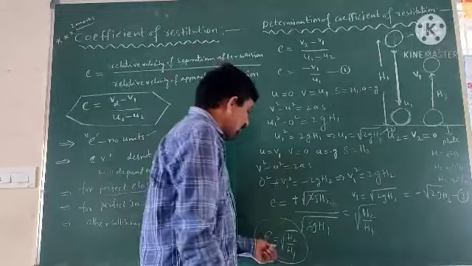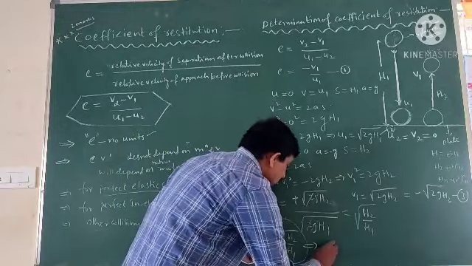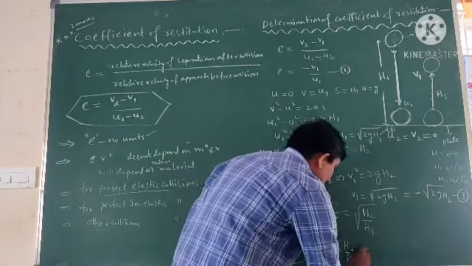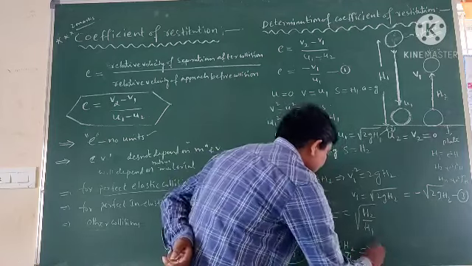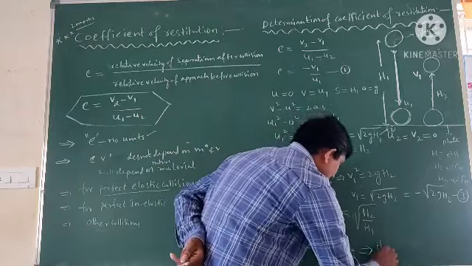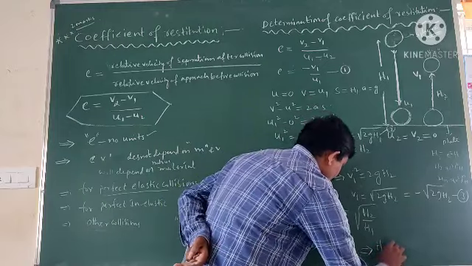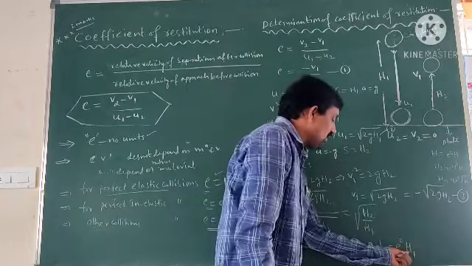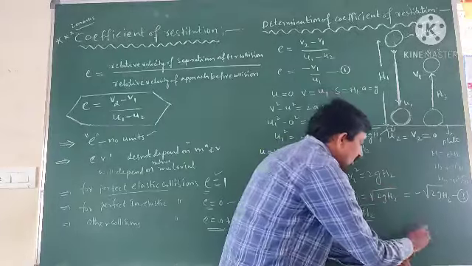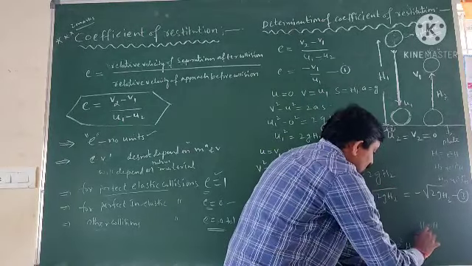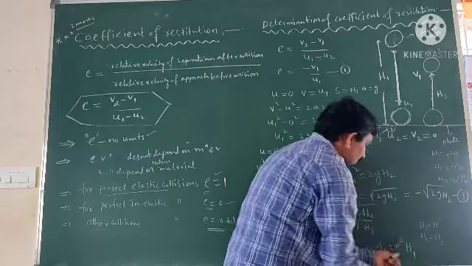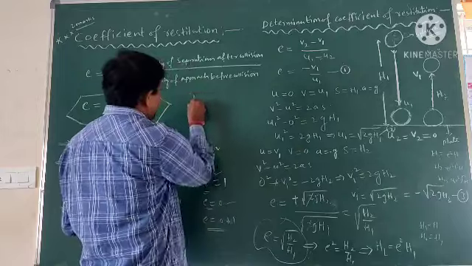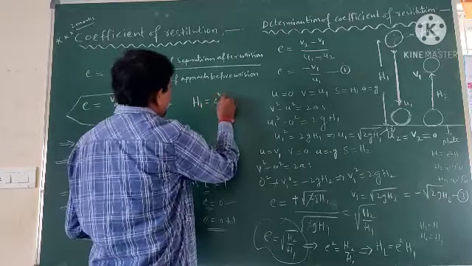When we square both sides, e square is equal to h2 by h1. So the equation is also written as h2 is equal to e square into h1. Instead of h1 is equal to h and h2 is equal to h1, the equation is written as h1 is equal to e square into h.